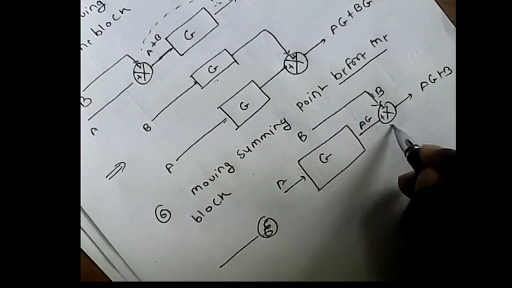A into G, the output AG, plus B, so AG plus B. If I want to move this summing point before this block, so what should we do?